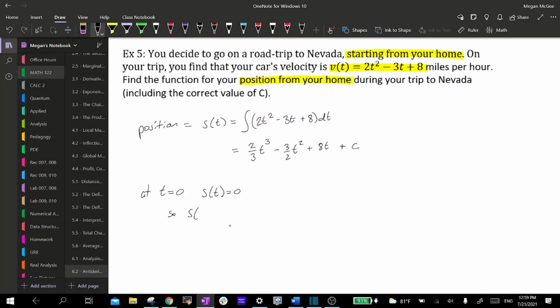So S of 0 equals 0. This is our extra information that we needed. So S of 0 is going to be 2/3 times 0 cubed minus 3/2 times 0 squared plus 8 times 0 plus c, and all of that needs to be equal to 0.